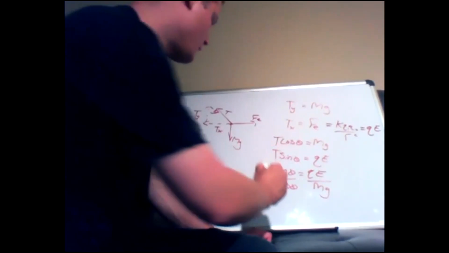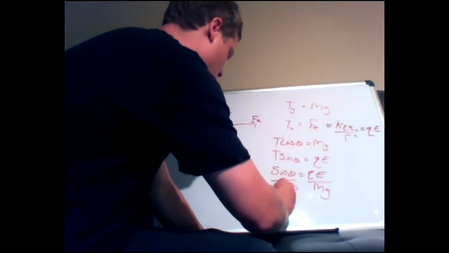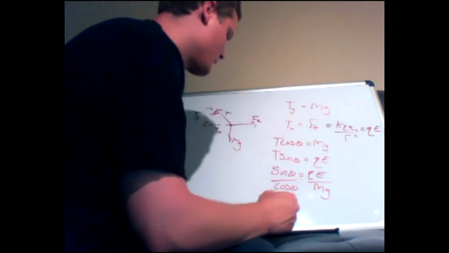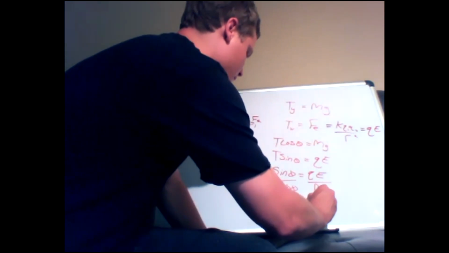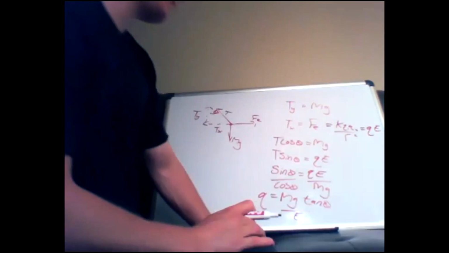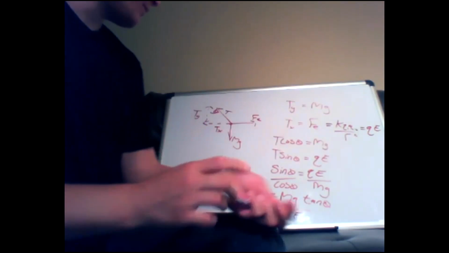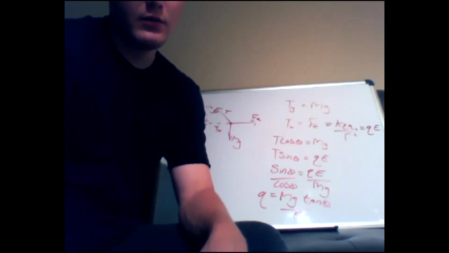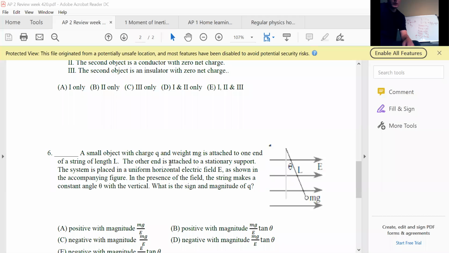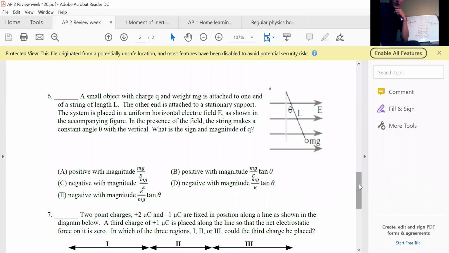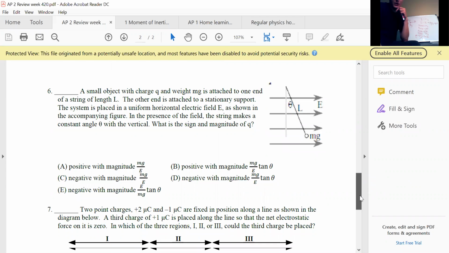I'm left with Q equal to mass gravity times tangent theta, all over the electric field E. So our answer is a positive charge with this value. Let's go back to our choices here. That would correspond to B, positive charge with magnitude mg over E times tangent theta.